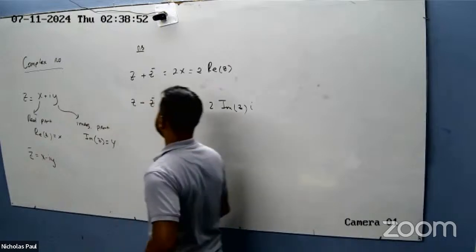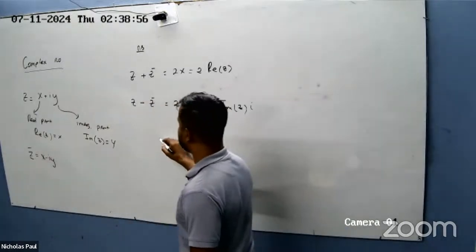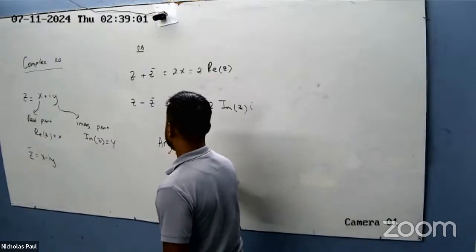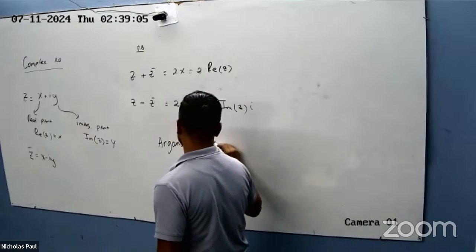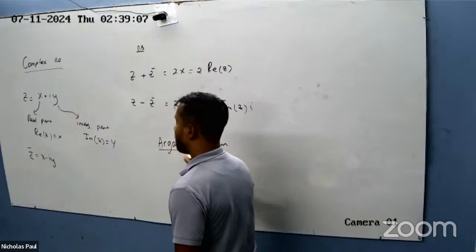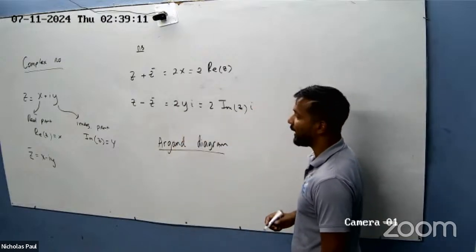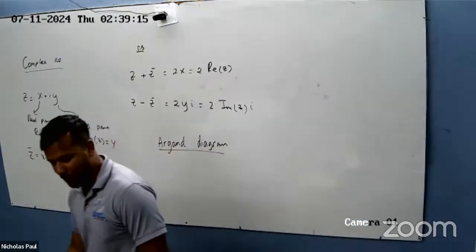But in order to do that, we need to start with something called an Argand diagram. Complex numbers can be represented by an Argand diagram. We're going to spend some time on this.